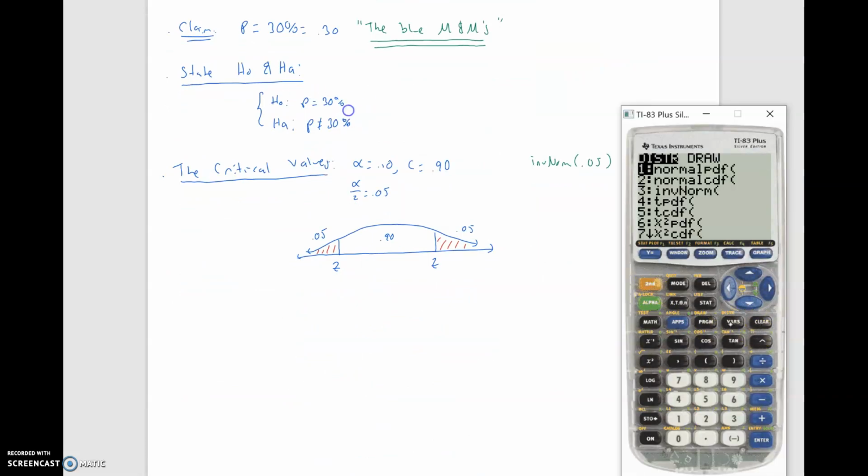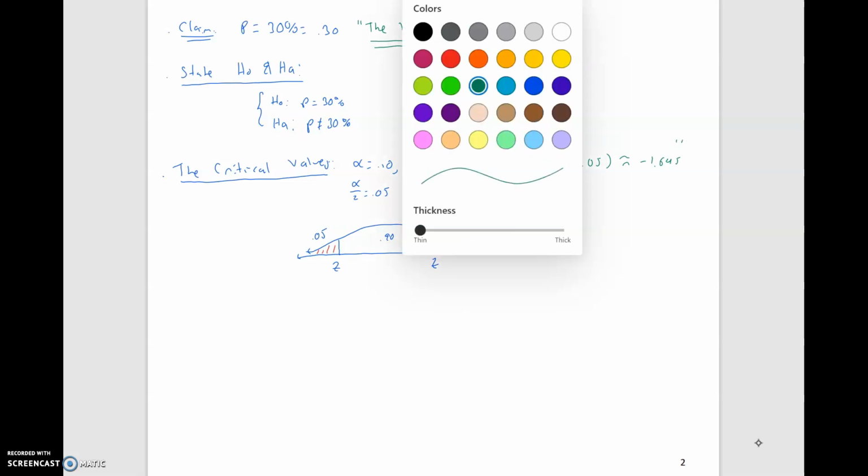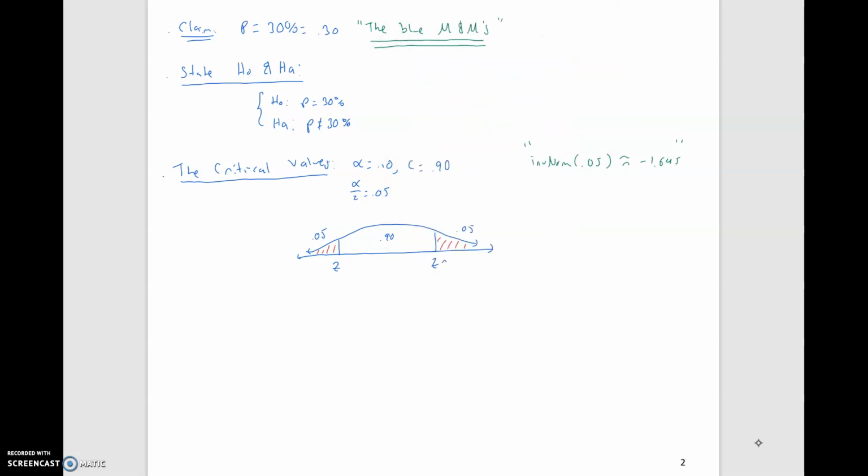We're just going to do an inverse norm of 0.05. And this is one of the standard ones, so we're looking at negative 1.645. So this value here is 1.645, and this value here is negative 1.645.